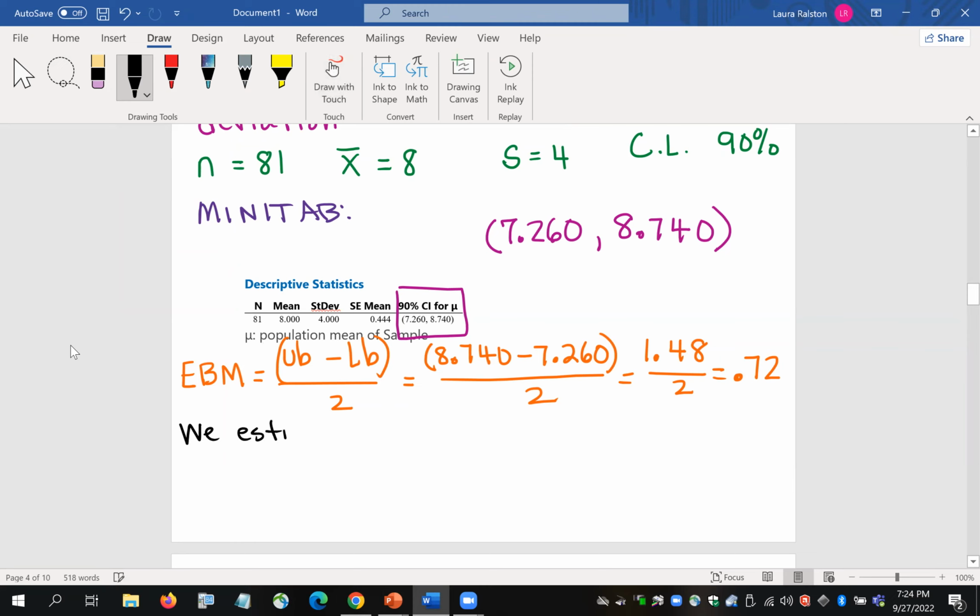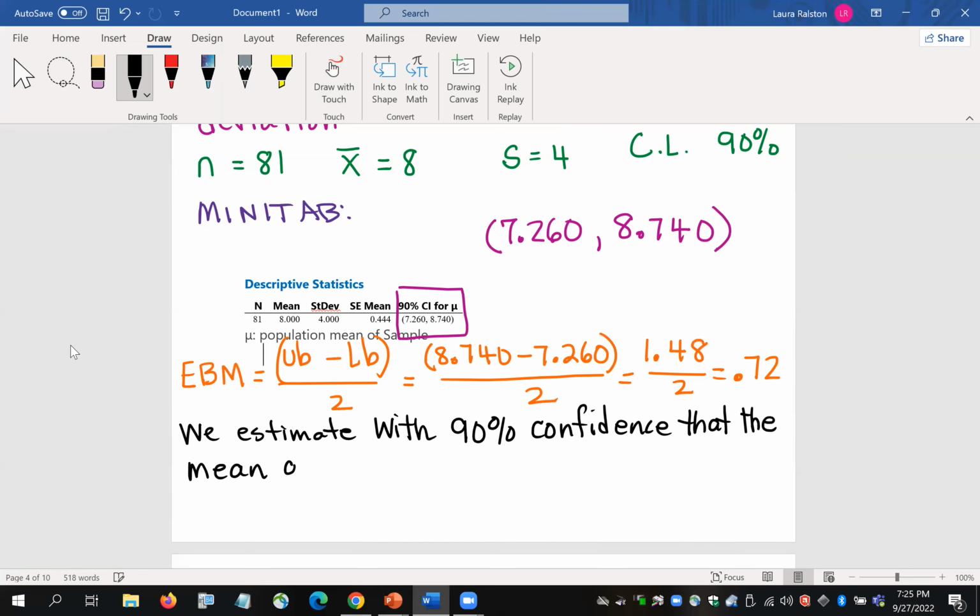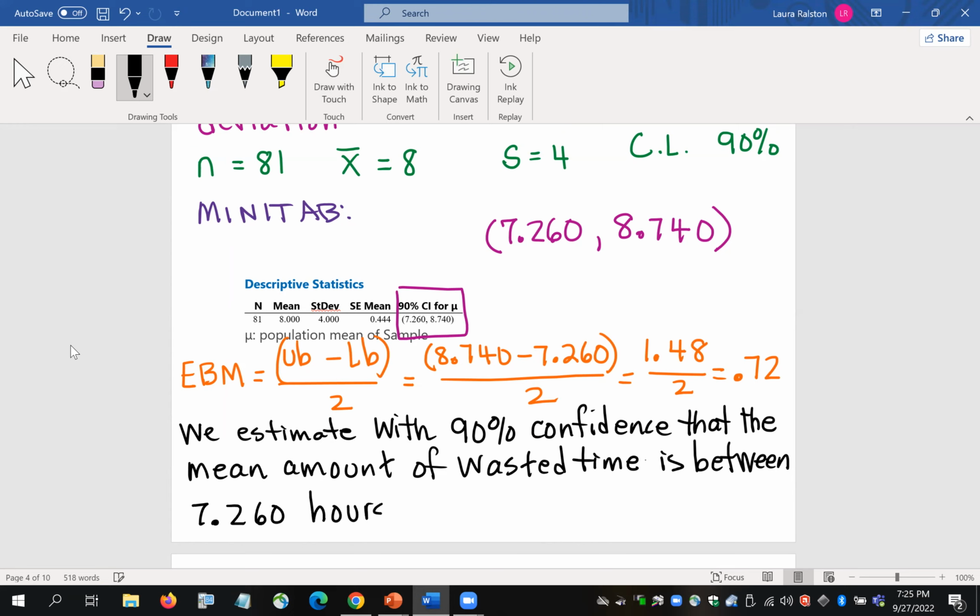We estimate with 90% confidence that the mean amount of wasted time is between 7.260 hours and 8.740 hours.